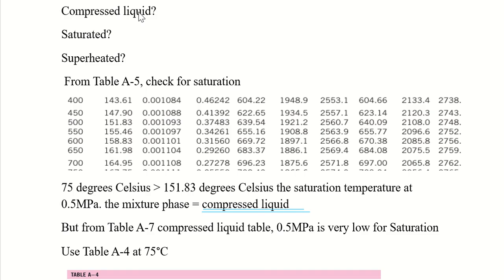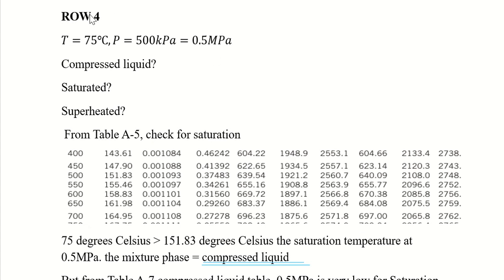Think of water you haven't boiled. It's at a greater pressure but very low temperature, and that's exactly what we have here. The pressure is high and the temperature is low, so you know for sure, because this temperature is lower than the saturation temperature we got from the saturation table, that the phase is compressed liquid.